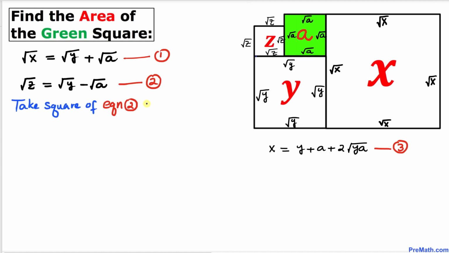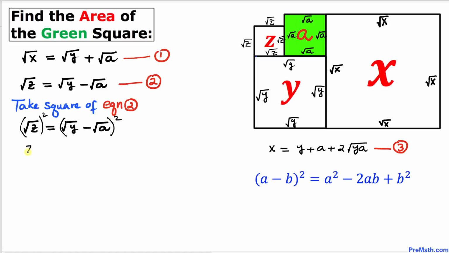And here's our next step. Let's take the square of equation number 2 as well. And here's our equation number 2. Let's take the square on both sides, square on the left hand side and square on the right hand side as well. So the left hand side could be written as z, equal to the right hand side. We are going to expand by using this a minus b squared formula.